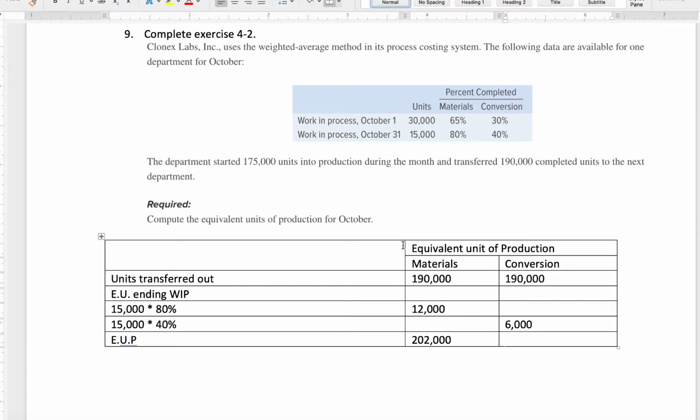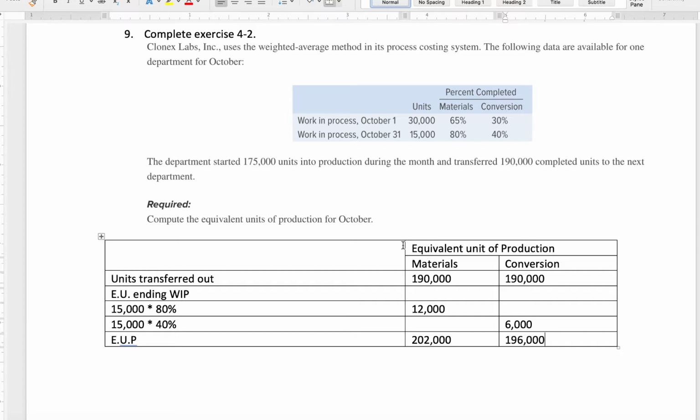I do the same thing. I add the units transferred out plus the equivalent units that are still sitting in ending inventory or ending WIP. 190,000 plus the 6,000 gives me 196,000. That is my equivalent unit of production with respect to conversion costs.